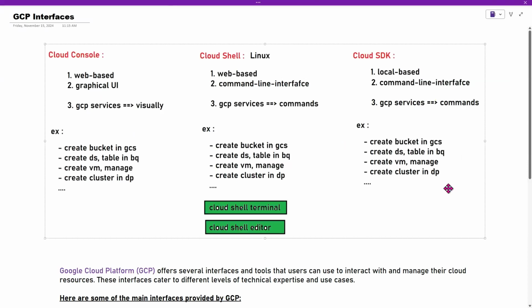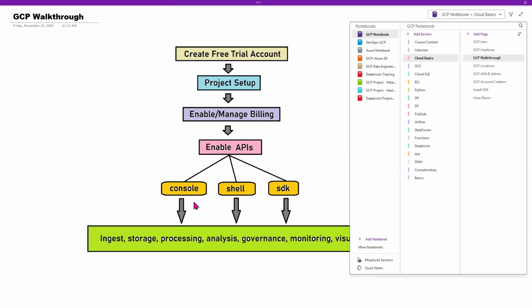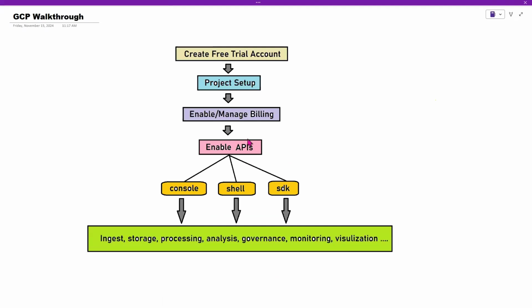Every day you have to recap the session. Tomorrow we are talking about how to create a free trial account, project setup, and all of those things. Everyday recapping is very important. Go ahead and complete the enrollments, get access to the material and the recordings, and start working on GCP. Let's focus on GCP data engineering. Plenty of opportunities are there in the market now.